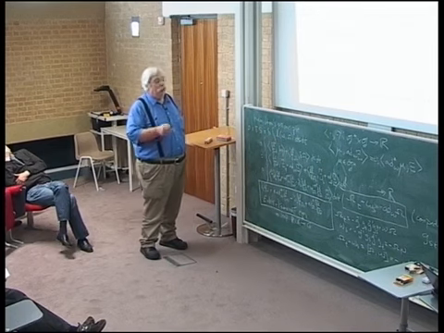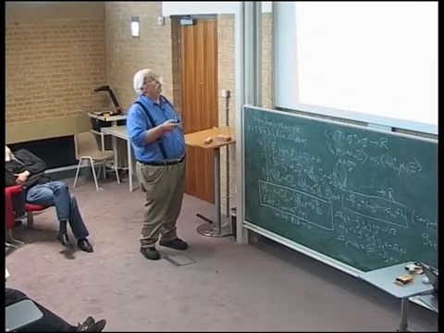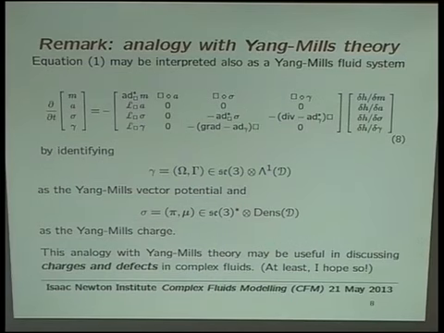Okay. And here's a remark about this analogy with the Yang-Mills theory. This is that Tudor's matrix again. Gamma is a one form on the domain, which takes values in SE3. So this would be an SE3 gauge theory. And sigma is a gauge charge.